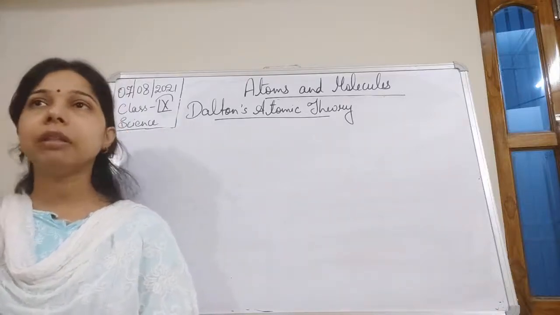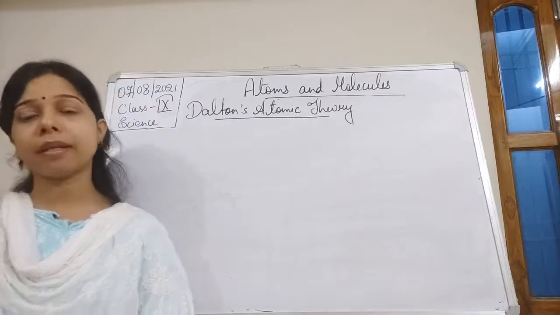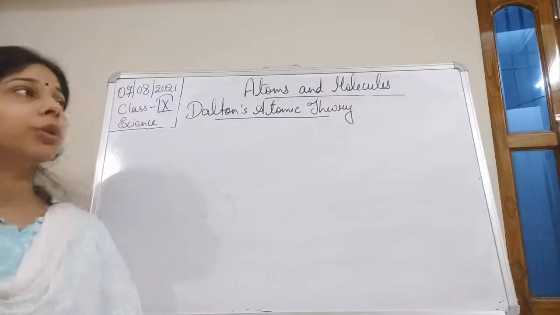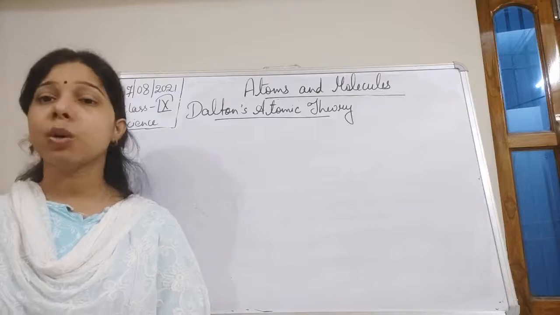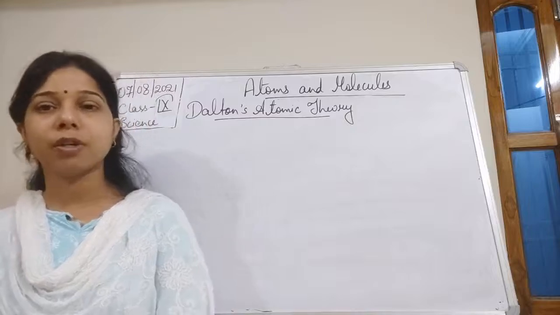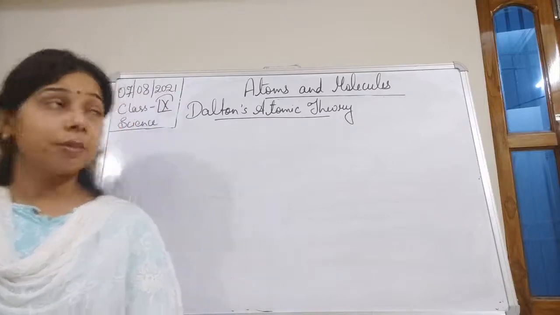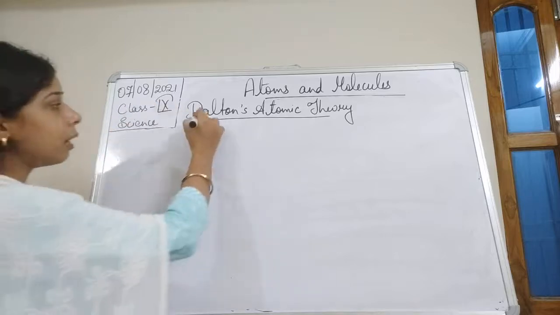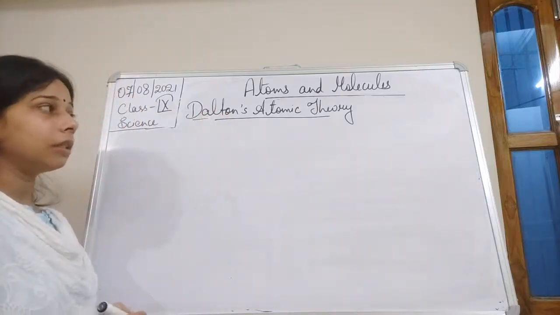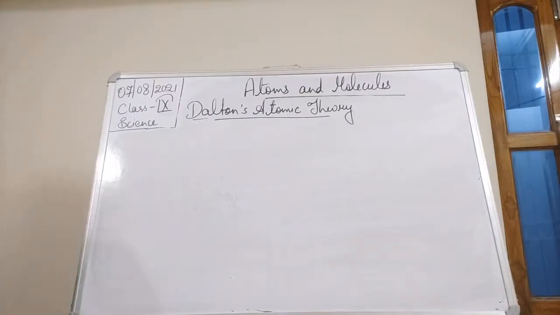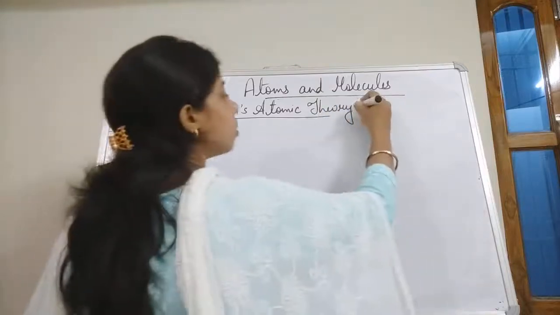Students, after the discovery of the subatomic particles, including the electron, proton and neutron, the postulates in the theory are not correct at all, but yes, we accepted it because it was the first theory given by Dalton about the atom. So let us see the main postulates explained by Dalton regarding his atomic theory.